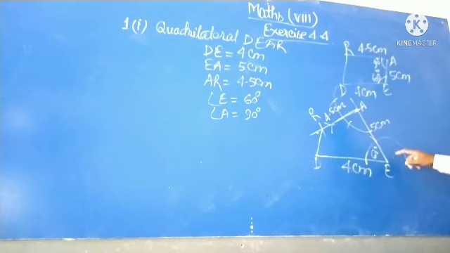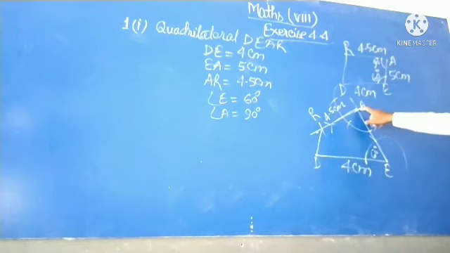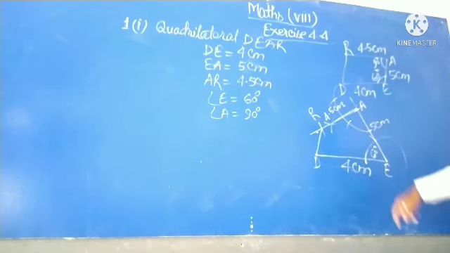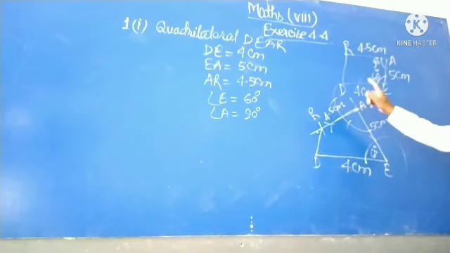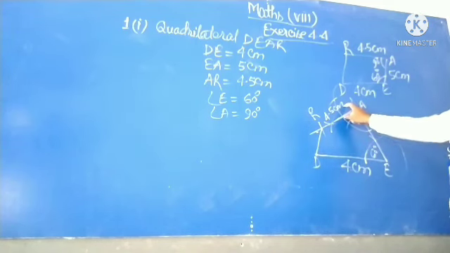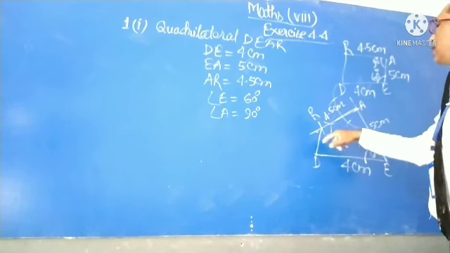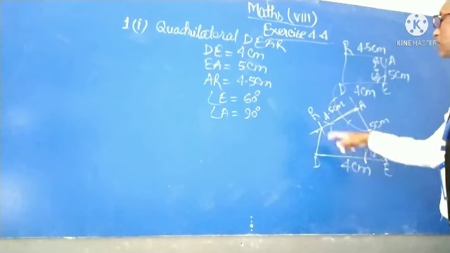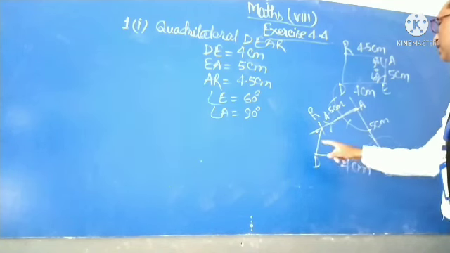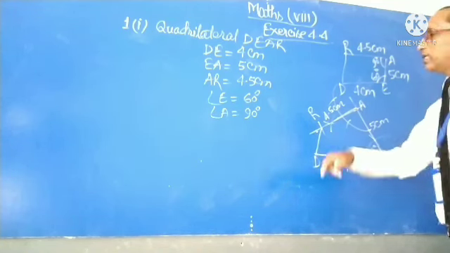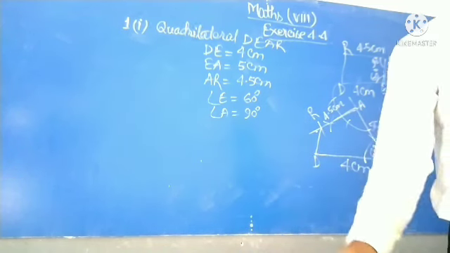Then draw 60-degree angle at point E and take 5 cm distance in your compass and cut an arc from this 60-degree angle which is point A. And then you draw 90-degree angle at point A and cut 4.5 cm distance from this 90-degree angle, that is point R, and join R to D. You get DEAR as the required quadrilateral. Okay.